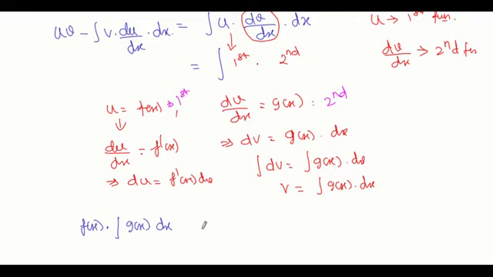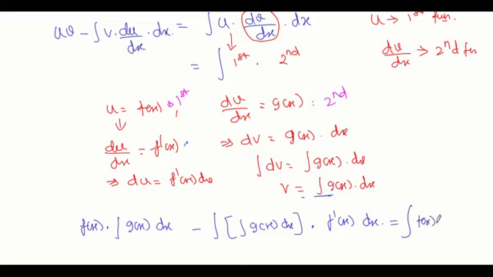Now minus integral of v, which is nothing but the integral of the second function, that means integral g of x dx, then into du by dx, which is f dash of x, dx. That's all.